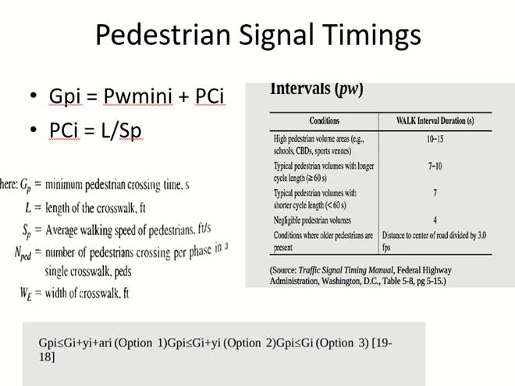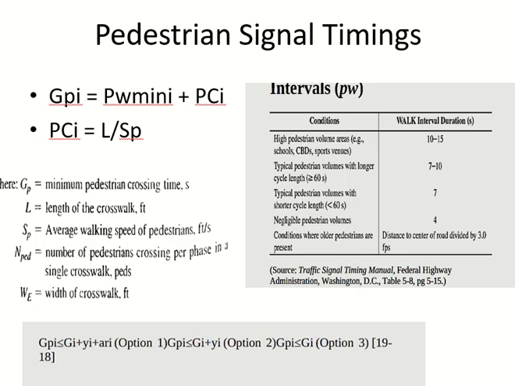So what do you do? You can check if Gp can be within green and yellow, because after green and yellow, I still have 2 extra seconds of all red. This is my factor of safety. The all red becomes my factor of safety. Got it?